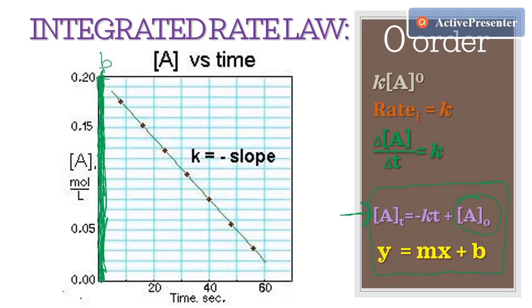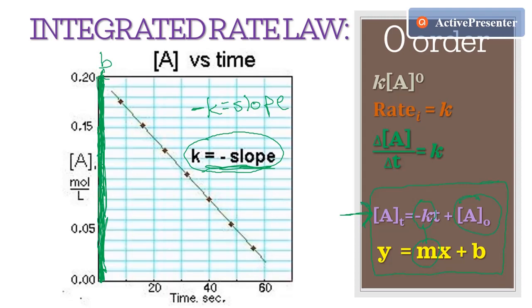And then you're going to use the m, which is your negative k, as the slope. Or right here they have written k is the negative slope. It doesn't matter. You can say negative k is the slope, or you can say k is the negative slope. It's the same thing. And this is for zero order, by the way.